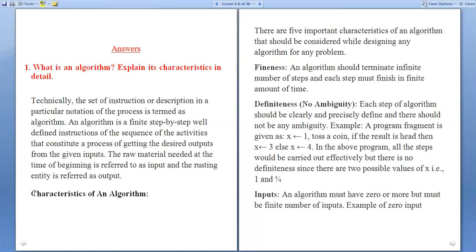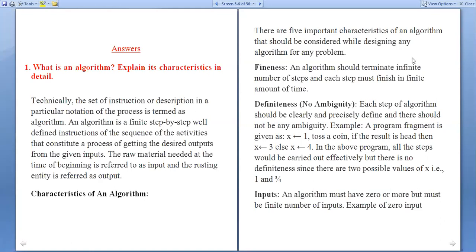Now, the characteristics of an algorithm. What are the different characteristics of an algorithm? There are five important characteristics that should be considered while designing any algorithm for any problem. So for any problem you want to design an algorithm to solve, there are some important design criteria to be met.